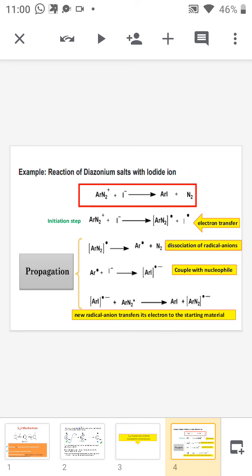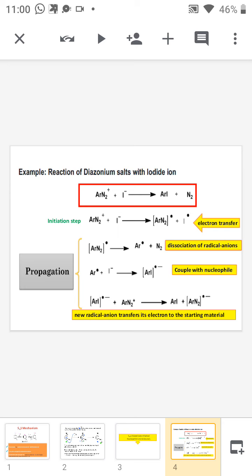Both of them exist in the radical state. This is the initiation step, in which the iodide ion transfers its one electron to the diazonium salt. Then a radical is generated, and this initiation step may be photochemical, or with a good electron accepting starting material, it may be a thermal reaction.